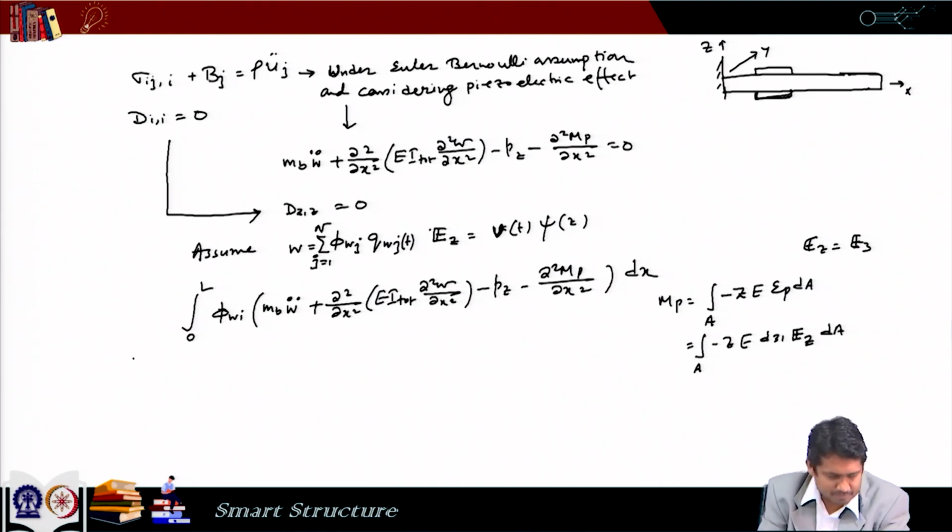So, finally, after putting these approximations and following the procedure that we have followed, this gives an equation in this form.